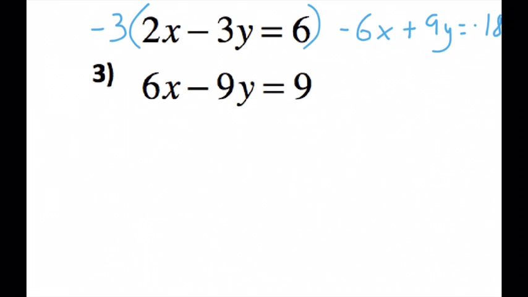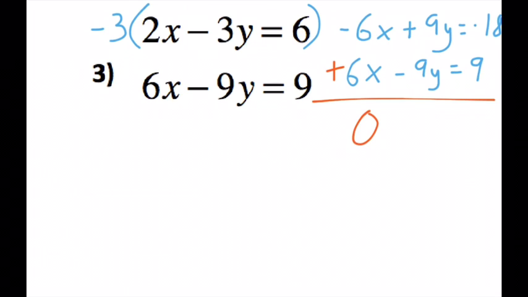Now you want to rewrite this below. That way you're going to avoid mistakes. It may seem kind of unnecessary, but rewriting these two equations helps you to avoid making mistakes. So now we have 6x minus 9y equals 9. When I add them together, I get a negative 6x plus 6x, which is 0.